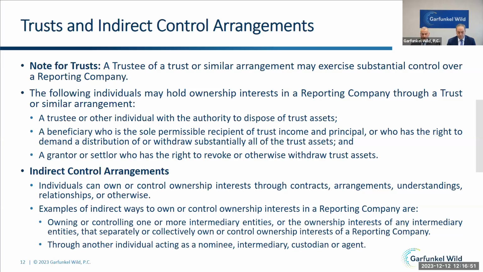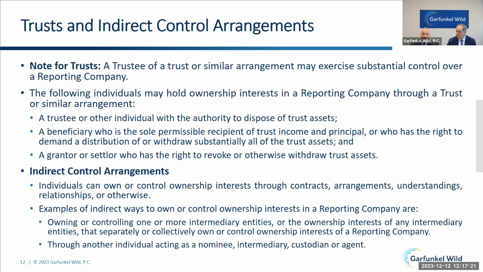Now, indirect control arrangements. Indirect control arrangements are individuals who can own or control interest through contracts, arrangements, understandings, or otherwise. Examples of indirect ways to own or control interest in a reporting company are owning or controlling one or more intermediary entities, or the ownership interest of any intermediary entities that separately or collectively own or control interests of a reporting company.